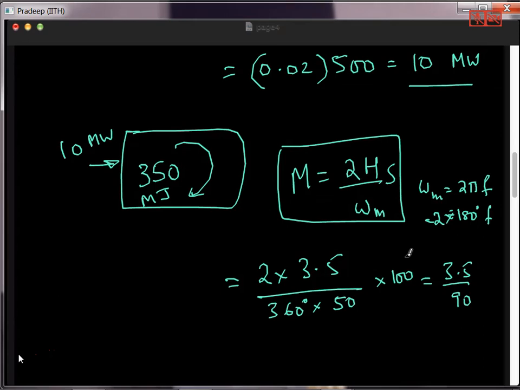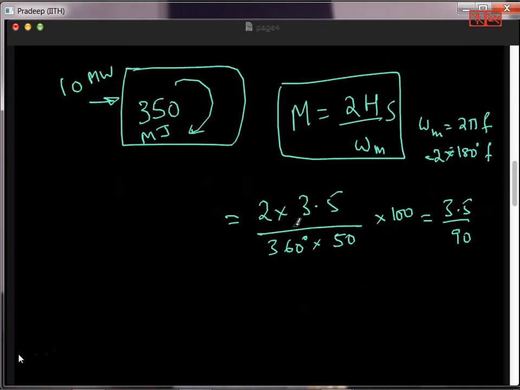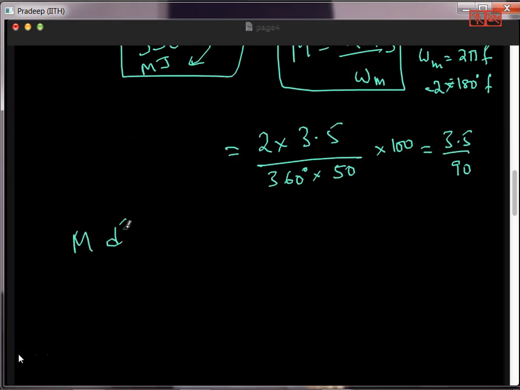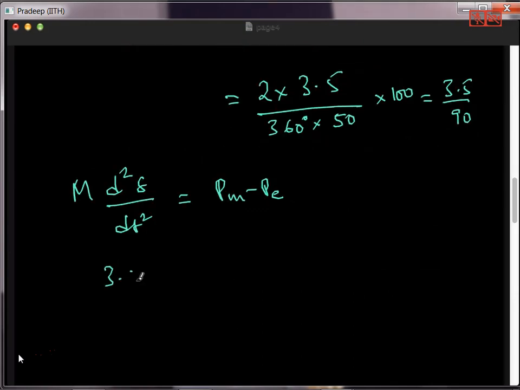Now, what I am interested in is more about this quantity. You know that M into d2 delta by dt square is equal to PM minus PE. So I am more interested in this term. So this M I can substitute here. So 3.5 by 90 into this will be equal to 10.